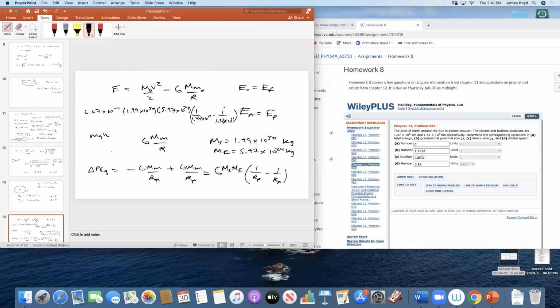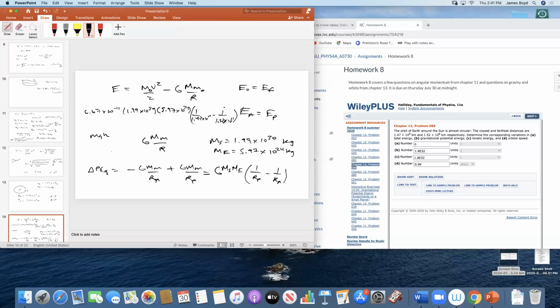When you do that, you're going to get 6.67 times 1.99 times 5.97. All that, negative 11 plus 30 is 19, plus 24 is 43, divided by 11 is 32.